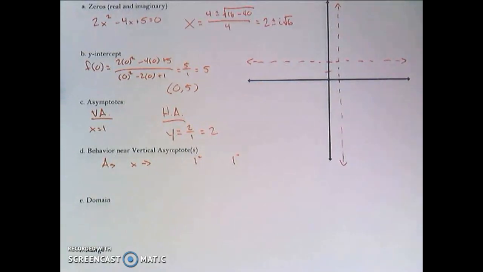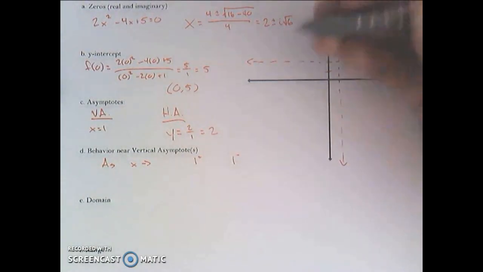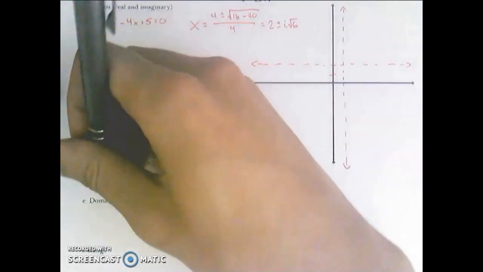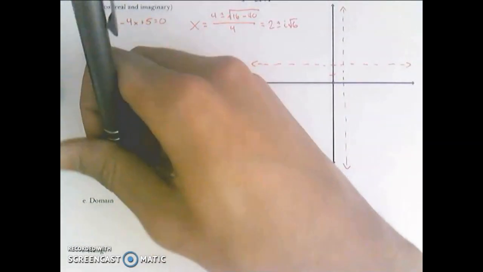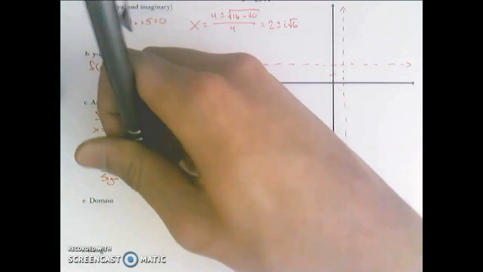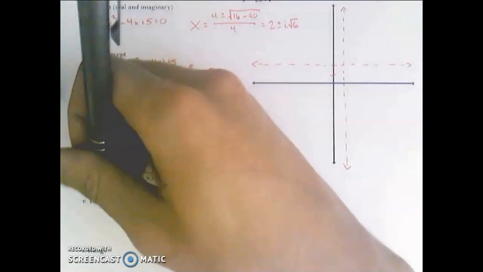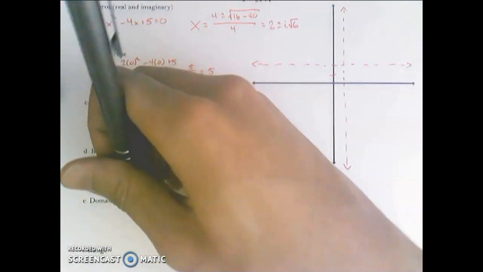And we're going to use these superscript plus or minus. In the next row, we're going to say the sign of f of x. So what's going on with f of x? And then we'll say f of x approaches something.